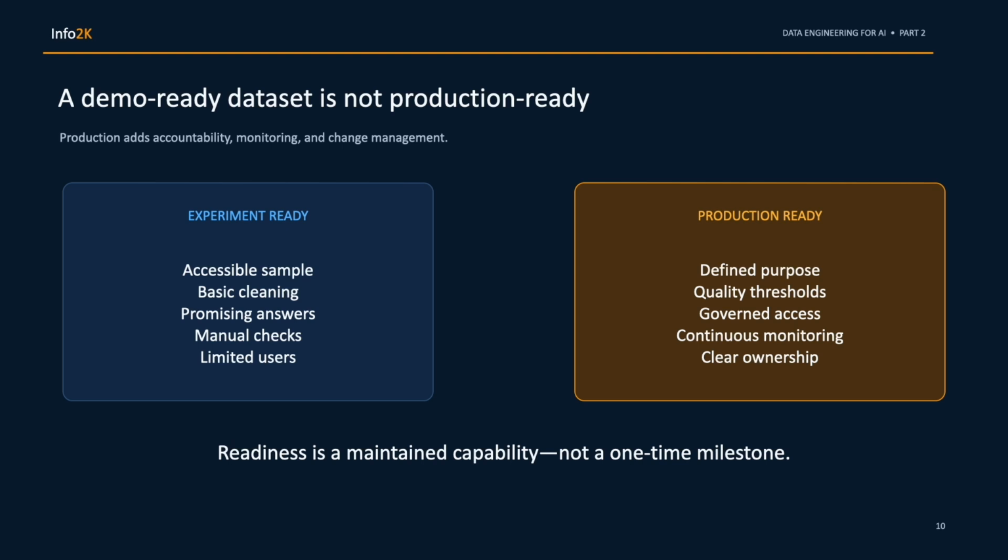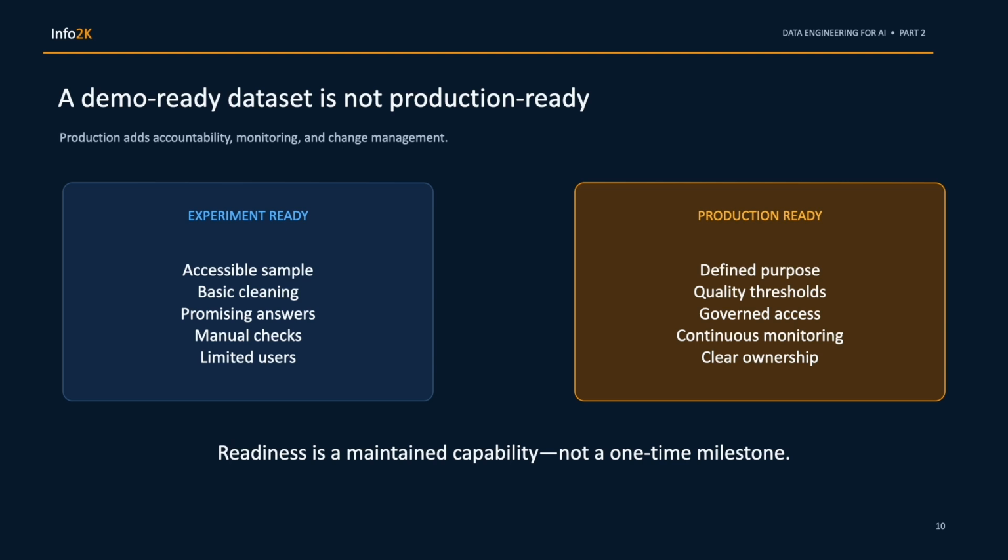Data arrives continuously, users ask unexpected questions, upstream systems change, permissions vary, quality issues may affect thousands of interactions before anyone notices. That is why the right side of the slide adds 5 production requirements.